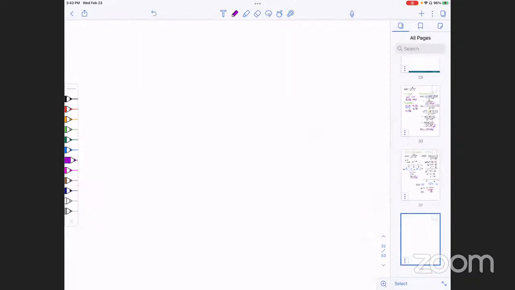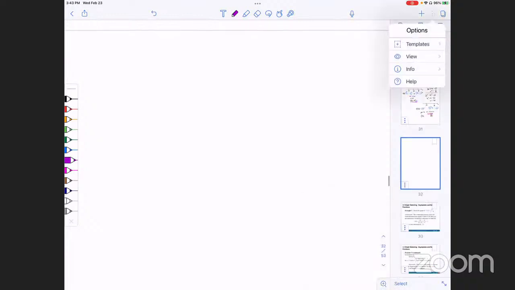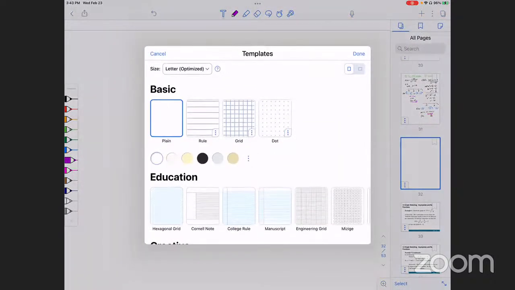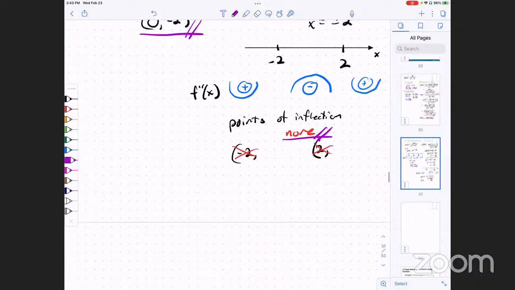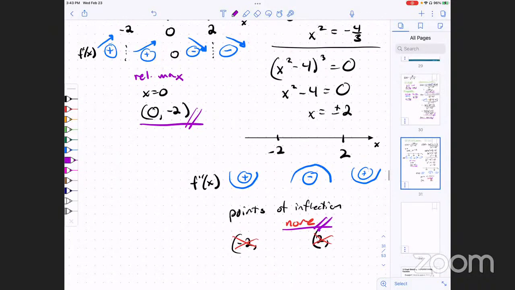So now with this page, let's just go here, paper. Actually, this might be a little bit easier. So now let's put all this together. Points of inflection.